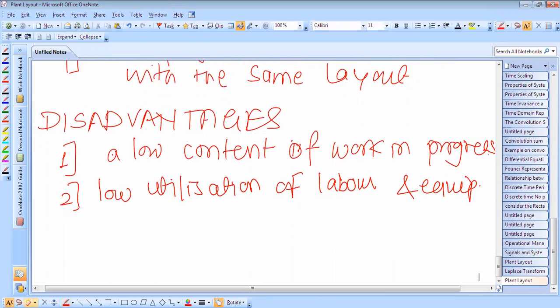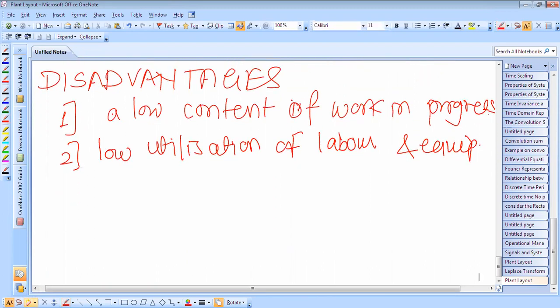Because this is a fixed position and everybody has to come here, there appears to be low utilization of labor as well as equipment.